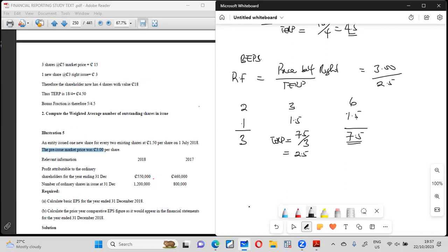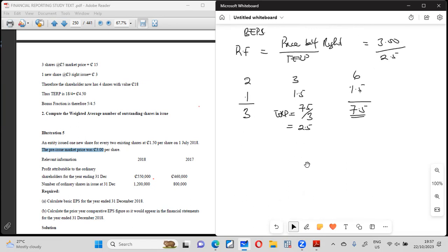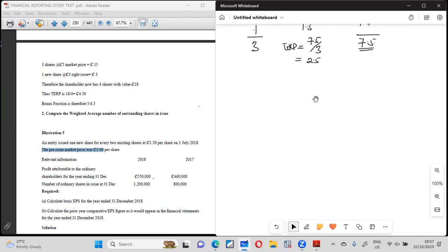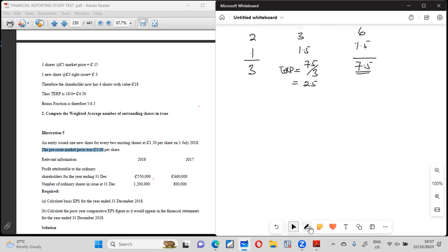All right. So now, just as we did with the bonus fraction, the number of shares for 2018, the number of shares that were existing, from 1st January 2018 up to 30th June, or you can make it 1st July if you want.